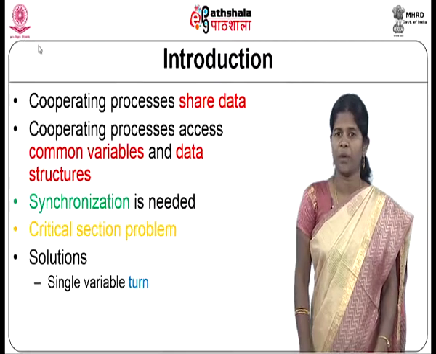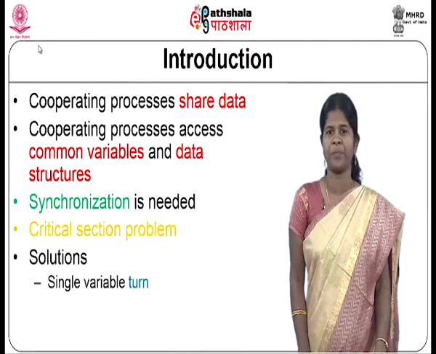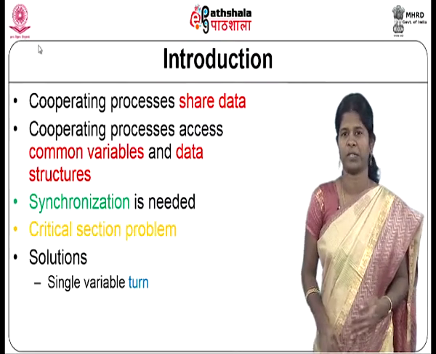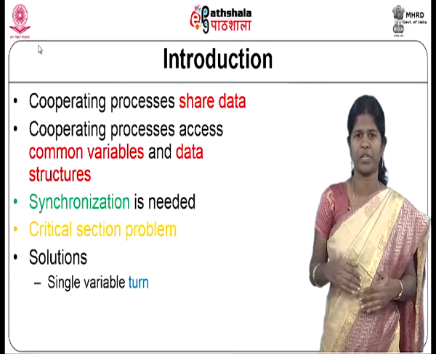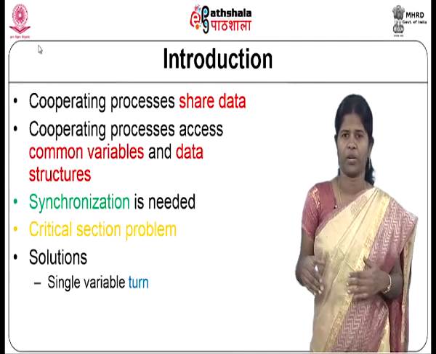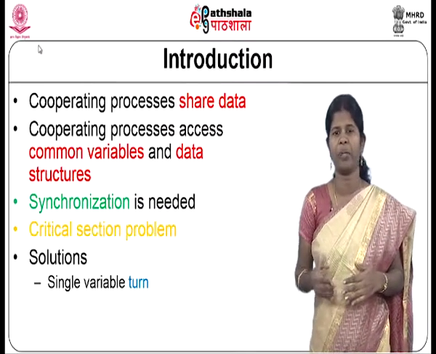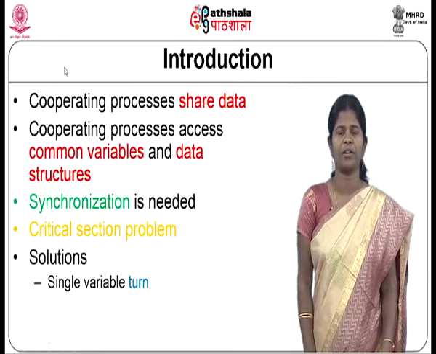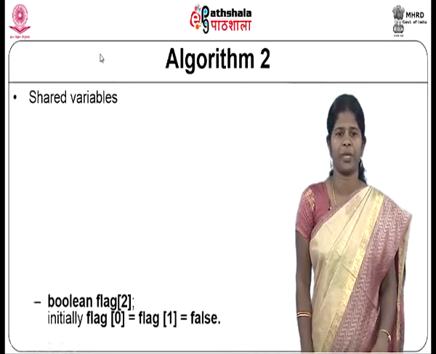Progress was not satisfied because in the algorithm there was a strict alternation between two processes. That is, if process P0 enters the critical section, then process P1 has to enter the critical section, and so on; only in that manner can processes enter the critical section. For this reason, we will see another solution today.